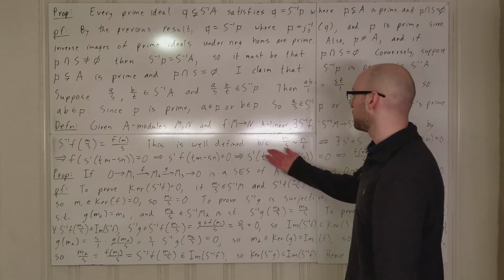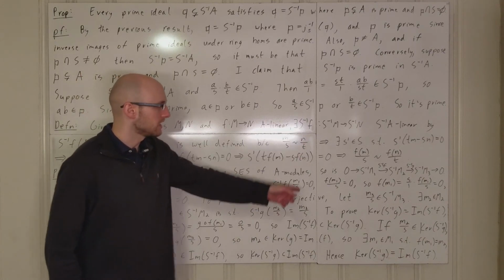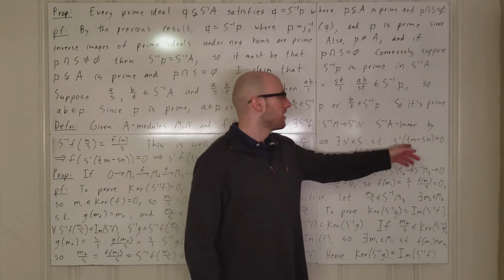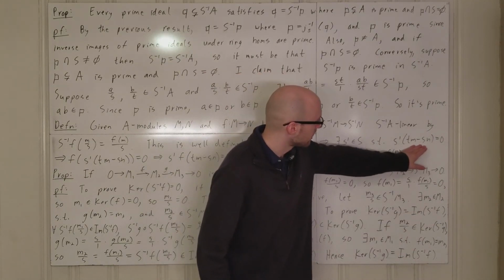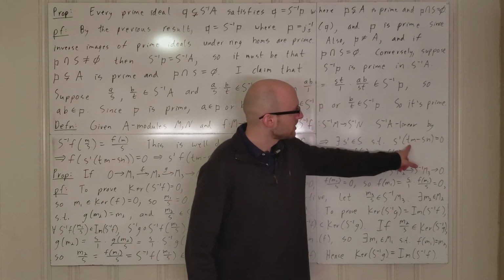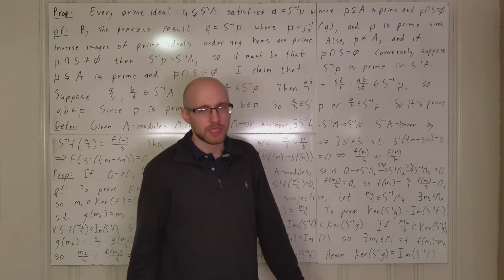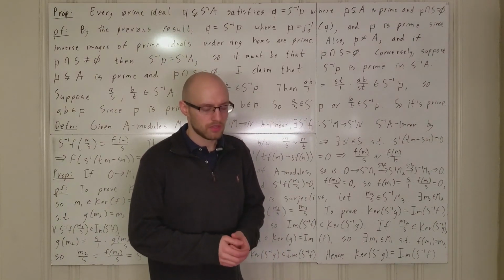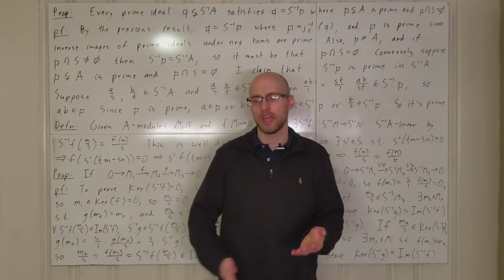So to prove it's well defined, suppose that you have M over S being equivalent to N over T. This means that there is some S prime such that S prime (Tm minus Sn) equals 0. And again, remember here the T and the S we put on the left. Well, I guess we don't need to, because these are commutative rings, and so left and right ideals have the same structure.